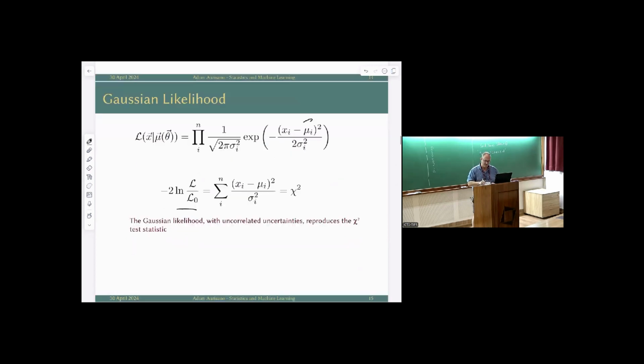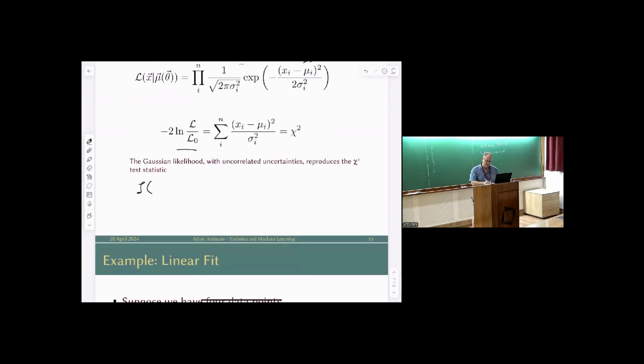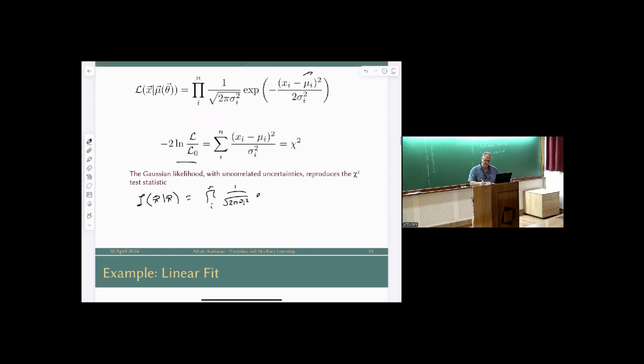So the likelihood of x given x is equal to n over root 2 pi sigma I squared, and the exponential term is 0, so this is just equal to this constant.